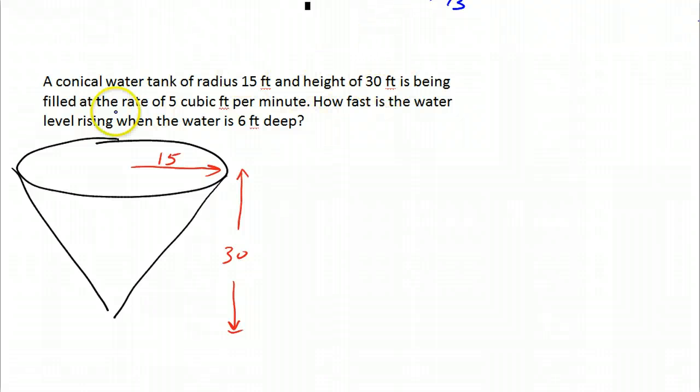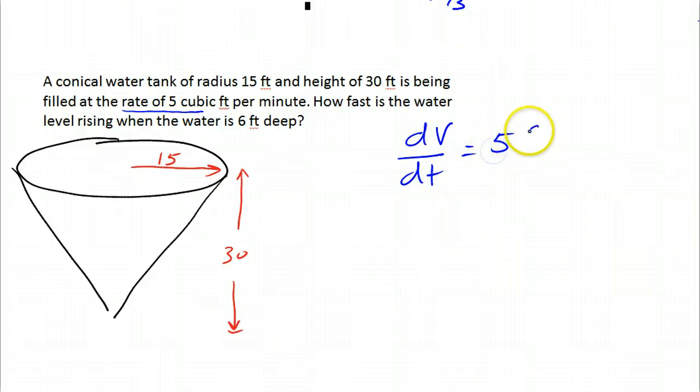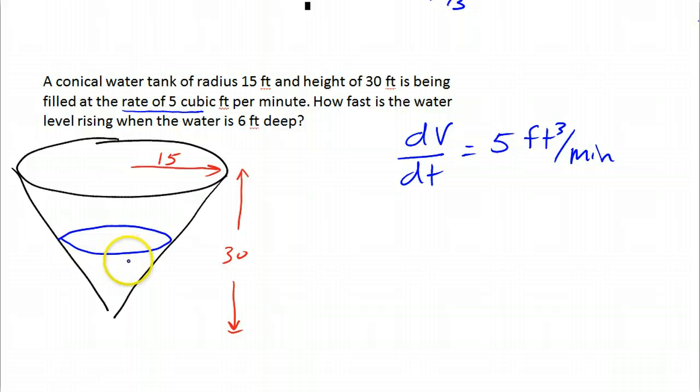Well, that is a derivative, right? That's a rate of change. So we can say that the change in volume is 5 cubic feet per minute. So our water is rising as we increase the volume. And as a matter of fact, that's the question. How fast is the water level rising when the water is 6 feet deep?